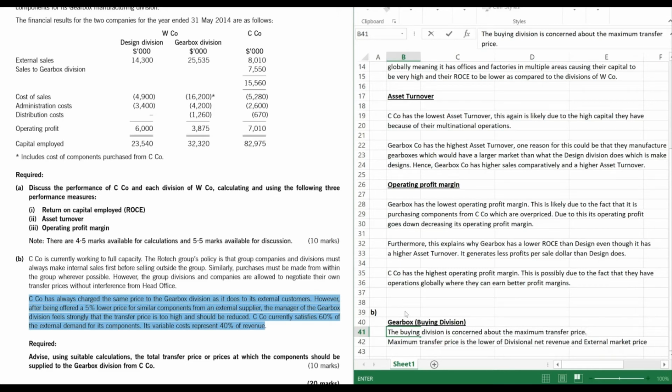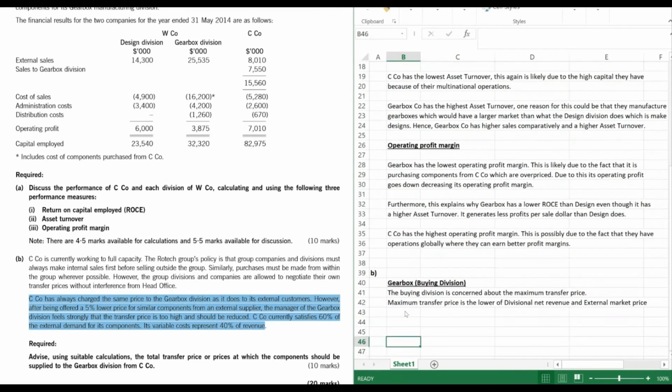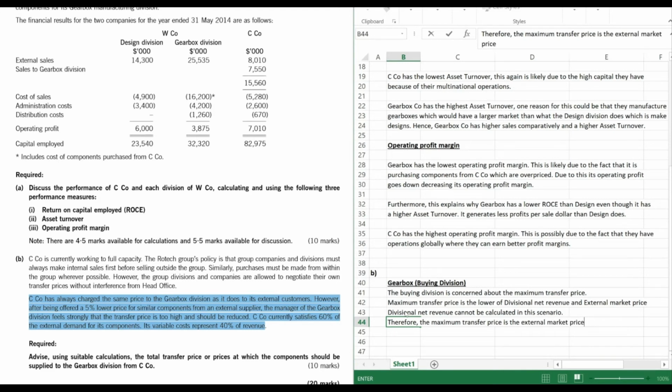And that builds into, so maximum transfer price is the lower of divisional net revenue and external market price. Divisional net revenue cannot be calculated in this scenario. Therefore, the maximum transfer price is the external market price. This has been reduced by 5% from what it was.